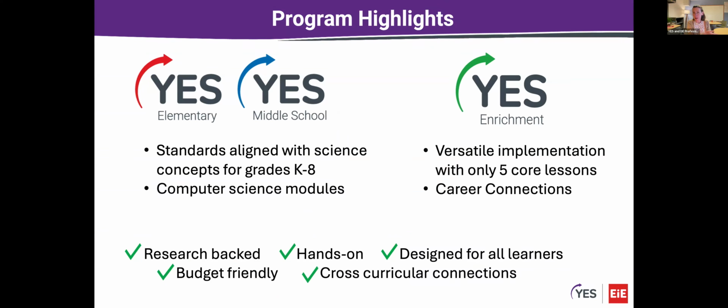The one that I just described, the magnetic dog doors, is a YES Elementary unit. You might facilitate that because you have already taught magnets, or you're trying to teach your students about various magnetic concepts. So those units really are designed specifically to teach science and to support science teaching.